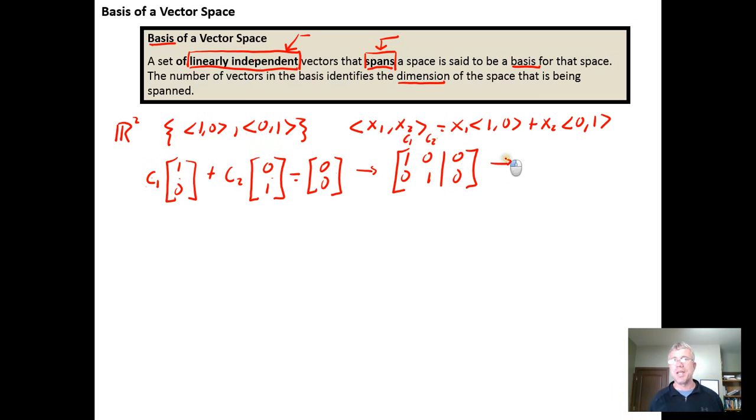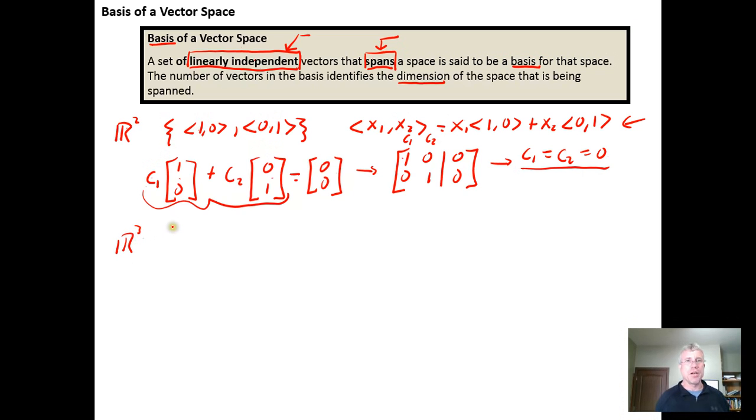So right away we can see that c sub 1 equals 0 and c sub 2 equals 0, so the only solutions are the trivial solutions. So this set of vectors (1, 0), (0, 1) spans the vector space R2 and is linearly independent in R2, because when we write the zero vector as a linear combination of (1, 0) and (0, 1), only the trivial solution works.